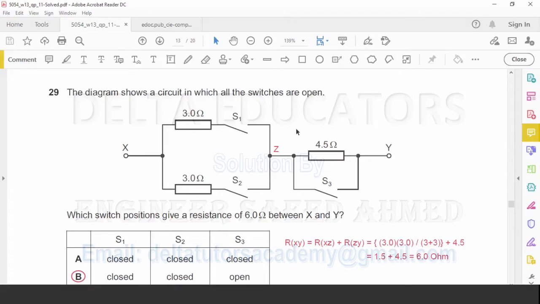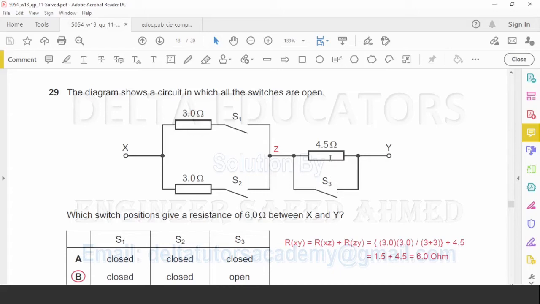Okay, let us suppose what will happen if we also close this switch S3. When we close this switch S3, what will happen? The current that is coming at this node will not pass through this 4.5 ohm resistance, it will flow through this path, because electrical charges will try to pass through the easy path.